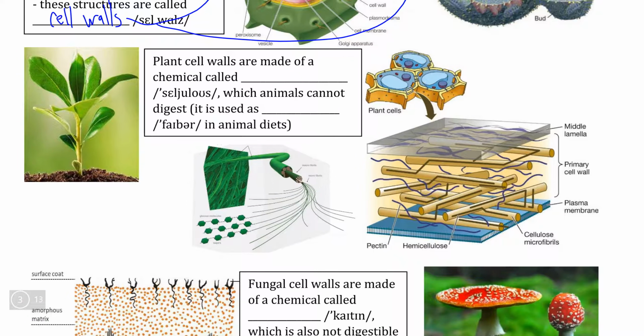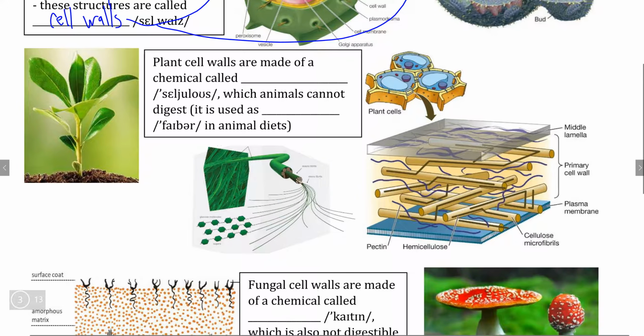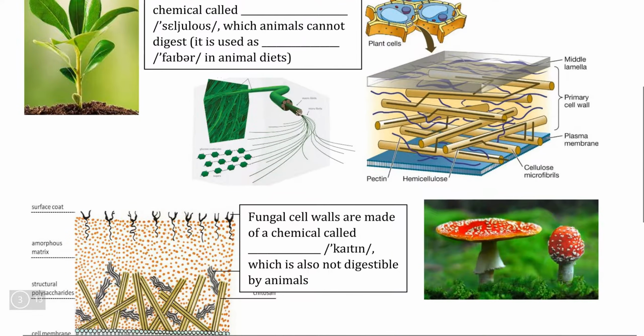Now, plants and fungi are actually distinct organisms because fungi are heterotrophic organisms, meaning that unlike plants that absorb sunlight to make their own sugar, fungi actually need to break down other organisms, usually organisms that are dead, in order to consume enough energy to be able to survive.